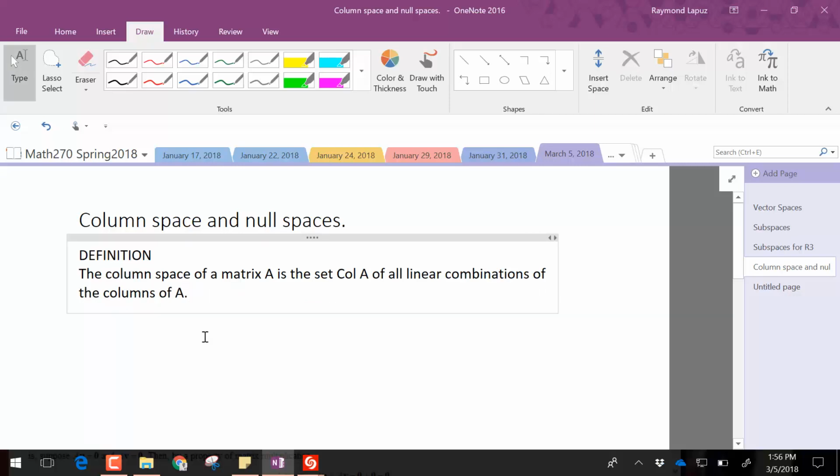So the column space is going to be the linear combination of the columns. Now, the dimension of that might be the number of columns that are all linearly independent, but if they're not all linearly independent, then it's going to be a dimension shorter.